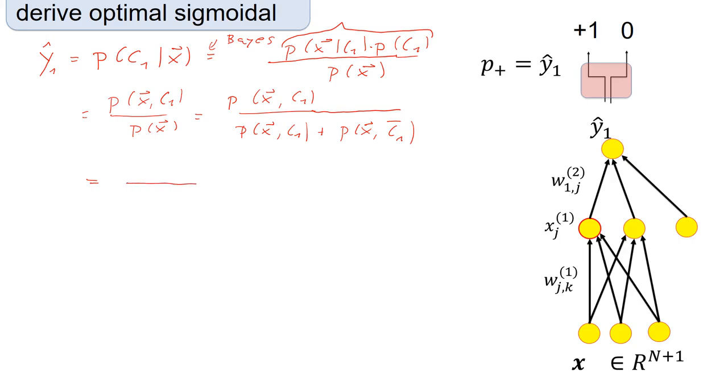So now I have 1 divided by 1 plus p of x given c bar 1 divided by p of x given c1. So then we can write this as 1 plus b, where b is this term here.